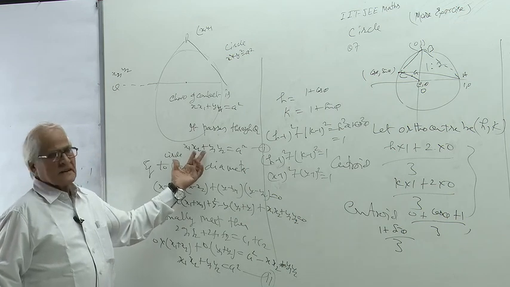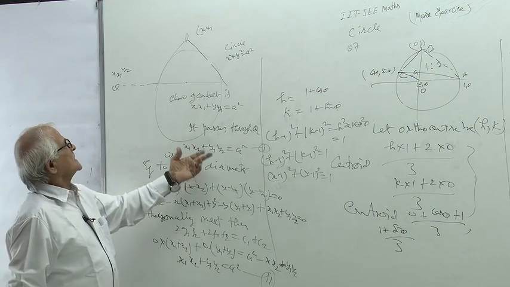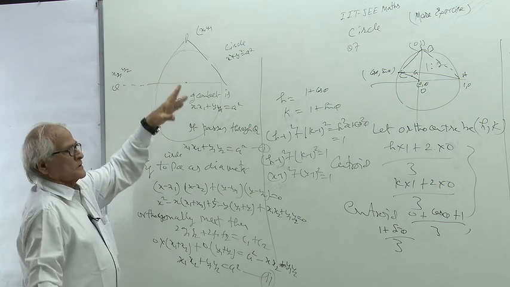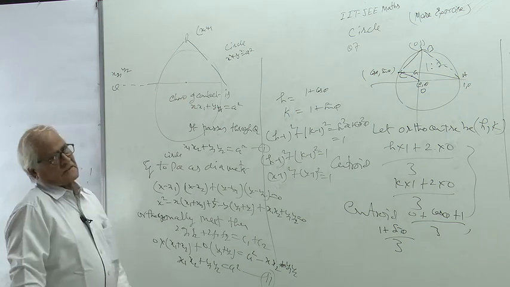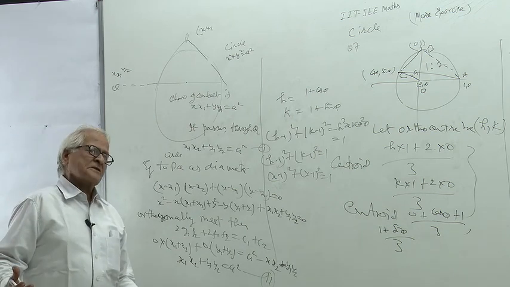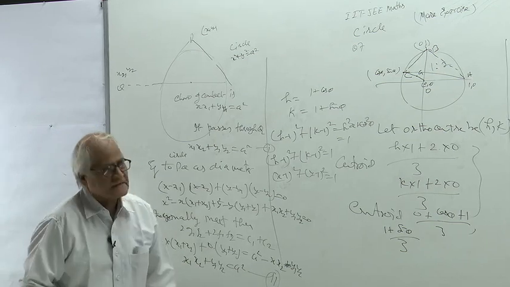The first relation says that the circle drawn with PQ as a diameter cuts the given circle orthogonally. This is the proof, the solution to question number 8. We will take the next one the next day.